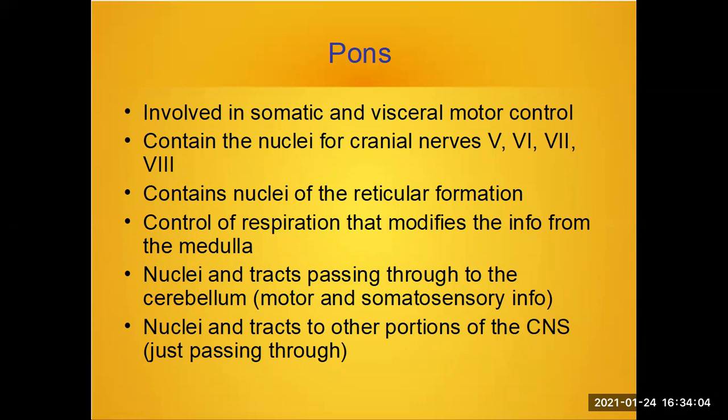It contains nuclei of the reticular formation that control respiration and modify the inflow from the medulla. Nuclei and tracts pass through to the cerebellum. Motor and somatosensory information, nuclei and tracts go to other portions of the central nervous system.